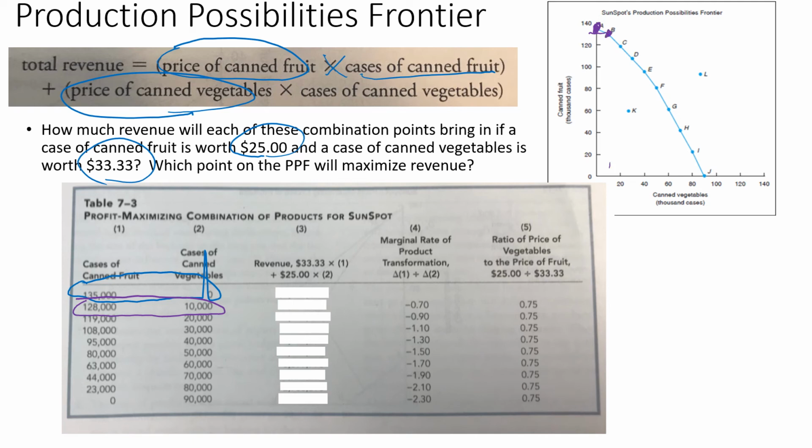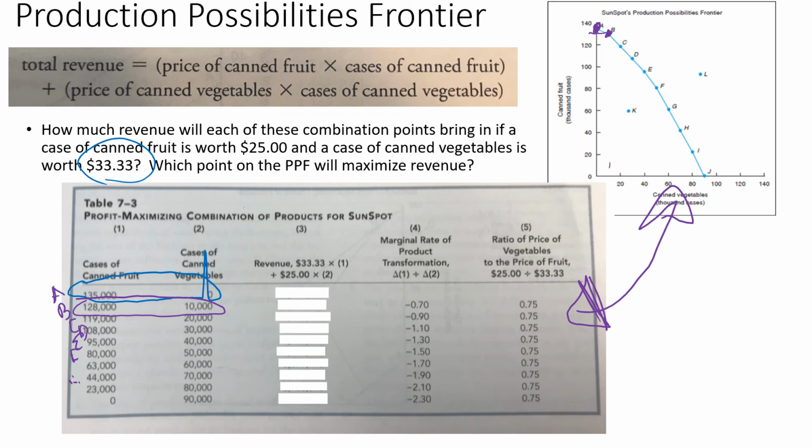So each of these points, this is point A, this is point B, this is point C, D, E, F, G, H, and so on, okay? Just so you can see the relationship between these two graphs. So all we're going to do is take $33.33 times our canned fruit number here.